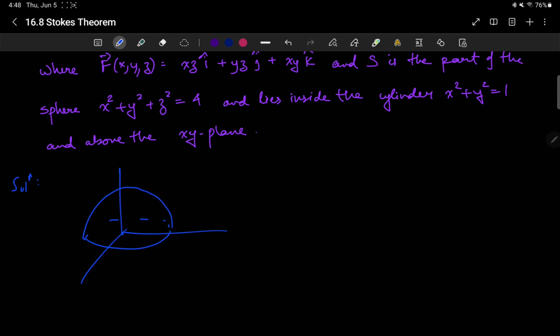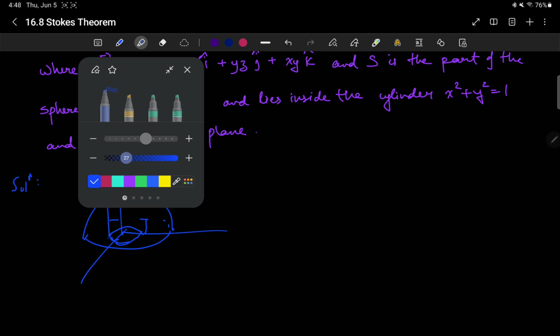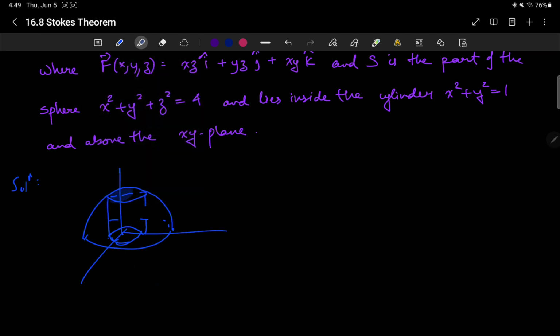So we have a half sphere, and then trapped in it is this cylinder. And the region we are talking about here is this here. And it has a counterclockwise orientation.